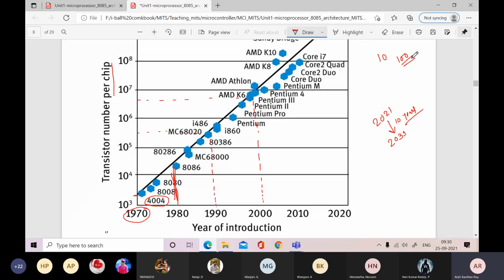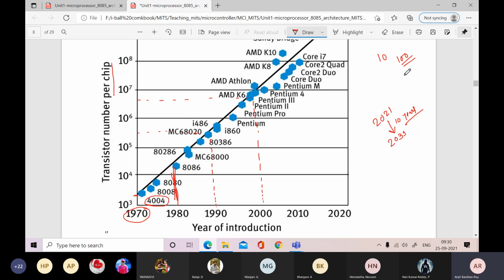This is a general phenomenon of electronics device development. This is an assumption: if today you fabricate one electronics device with 10 components, after 10 years you have to use 100 components, and again after 10 years you have to use 1000 components.